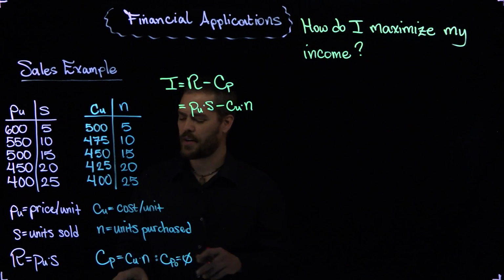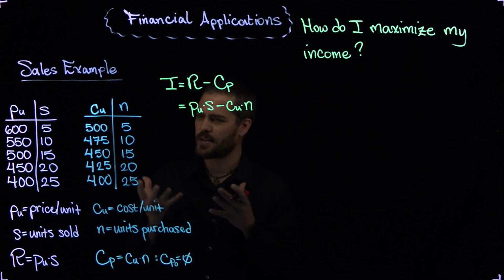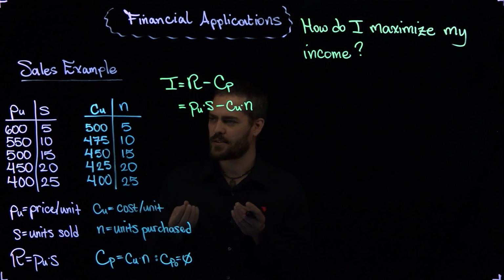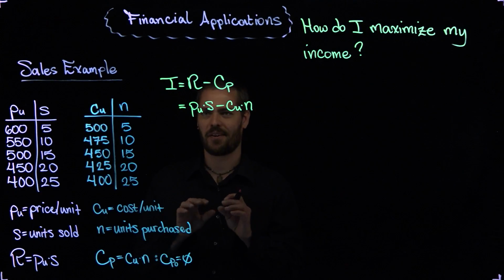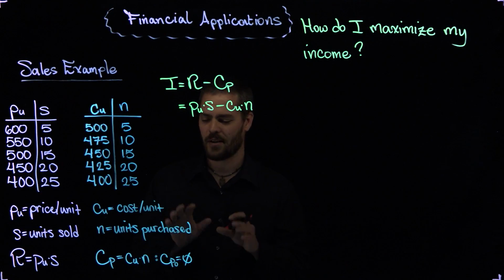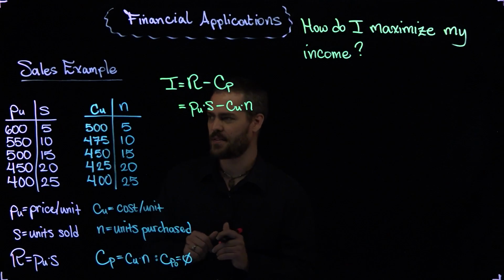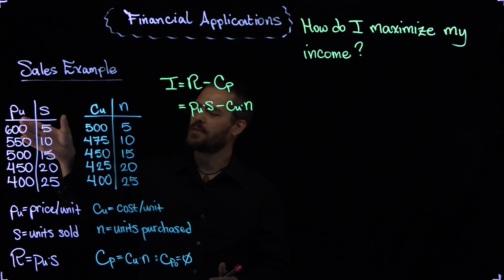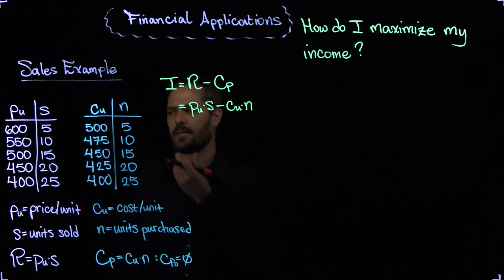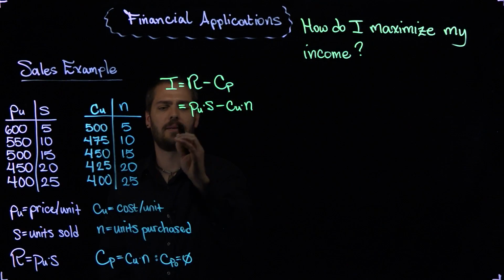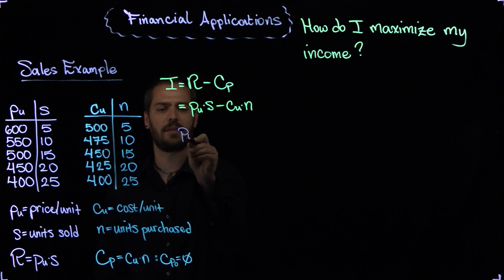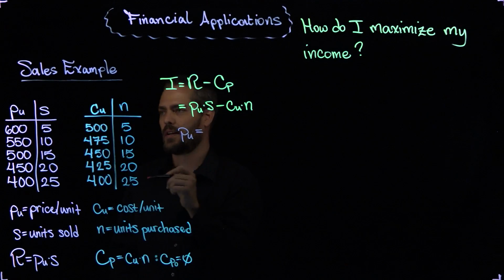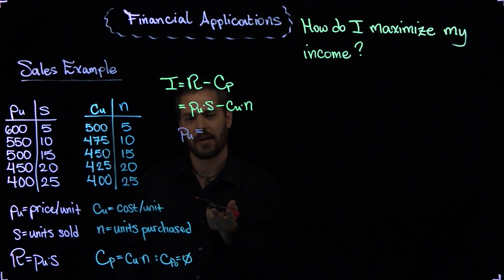So if I use this y equals mx plus b thing, remember m is the slope of that linear equation, and please review linear equations if all of a sudden this is totally foreign to you. Review linear equations and then come back to this video. If I'm going to use this y equals mx plus b form and use the notation that I have here, then I could say this. I could define, for example, the price per unit in terms of the number of units sold, or the other way around.